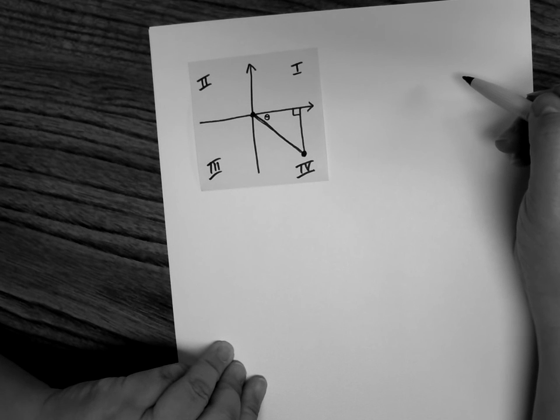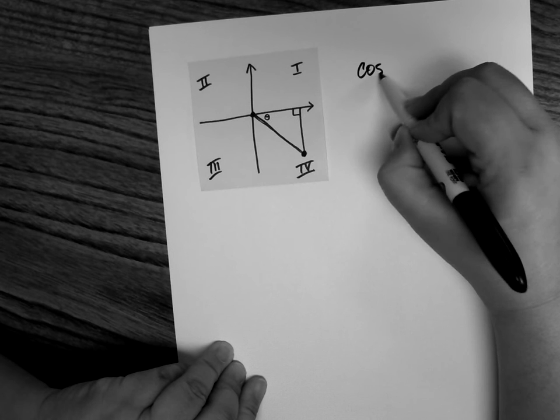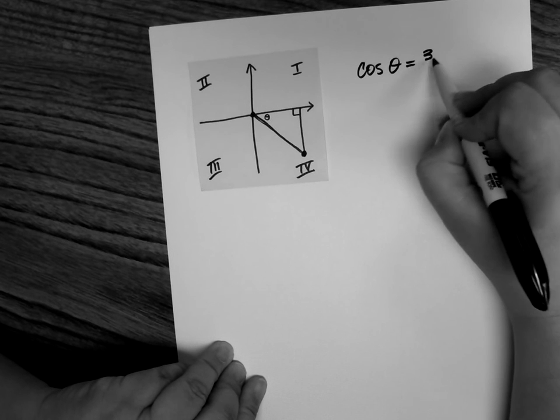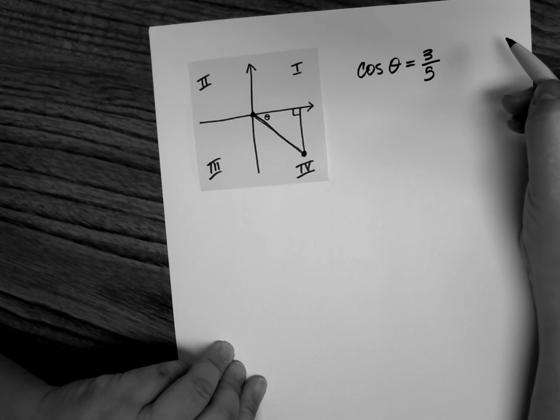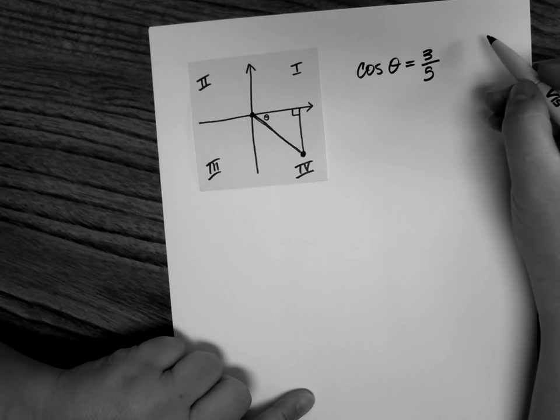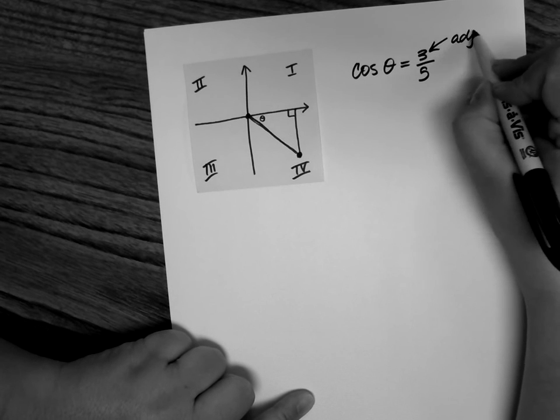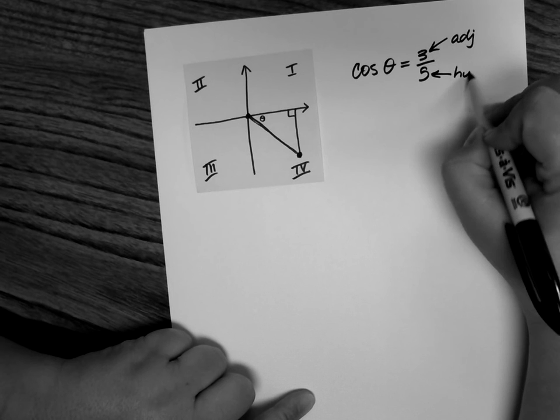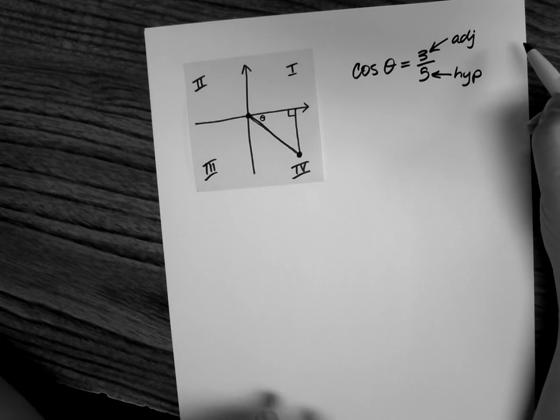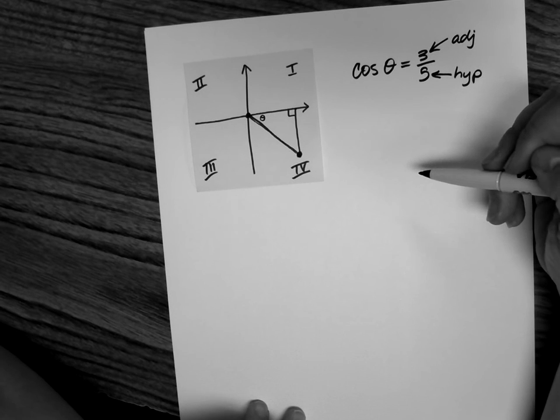So what I have here is, if cosine of theta is equal to 3/5, then think about SOHCAHTOA. Cosine is adjacent over hypotenuse. So I'm going to label the picture with those numbers.